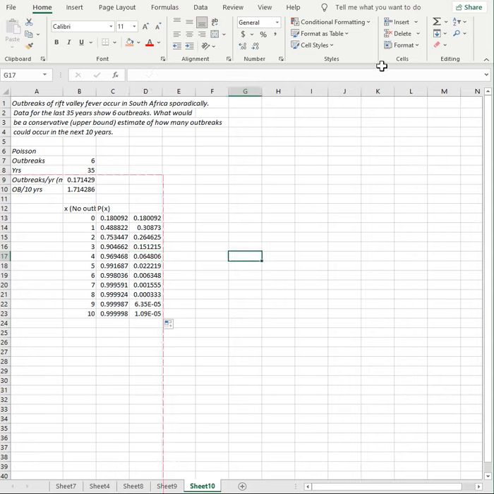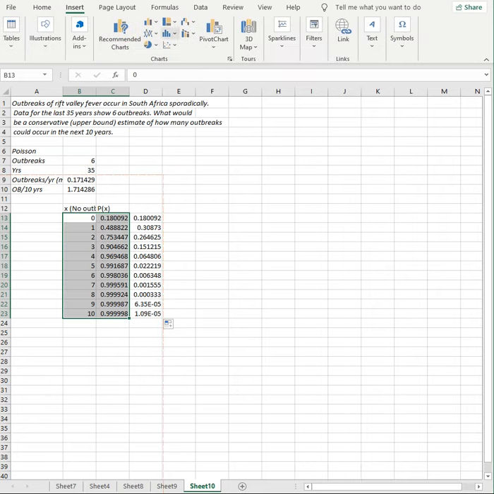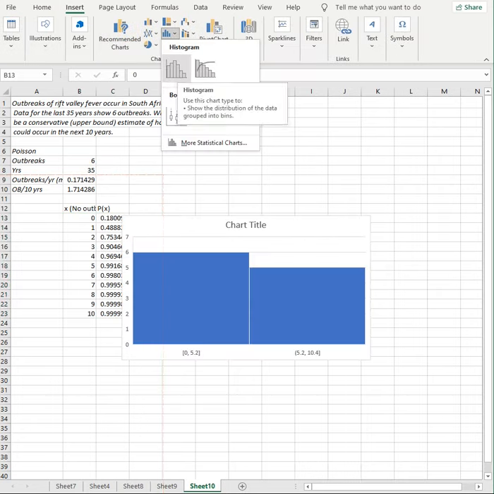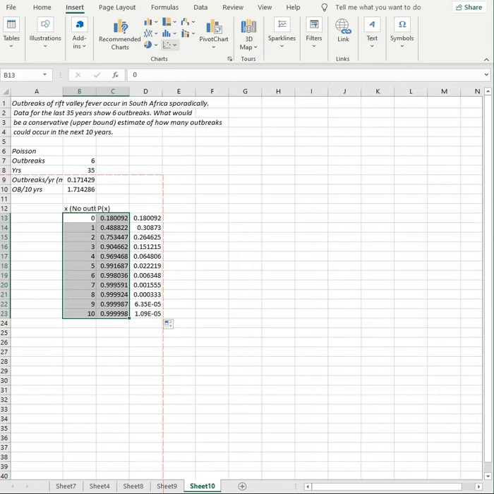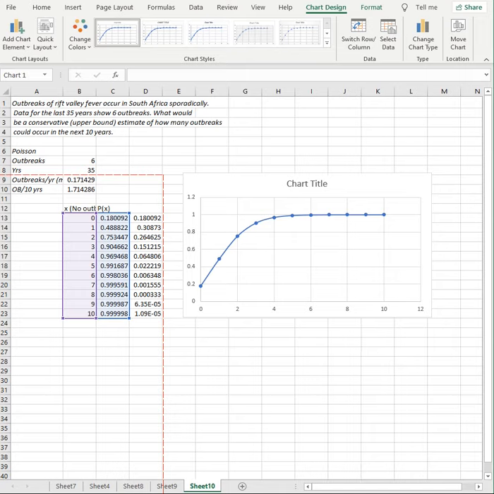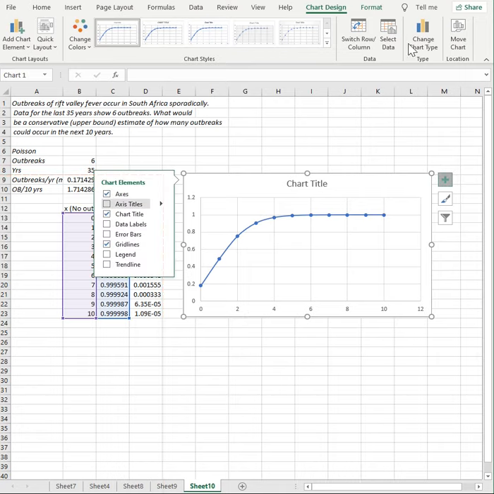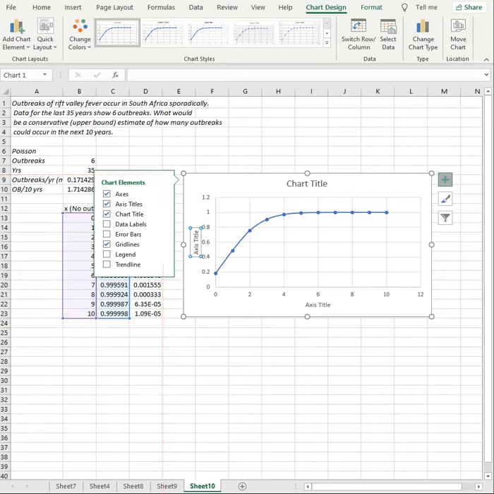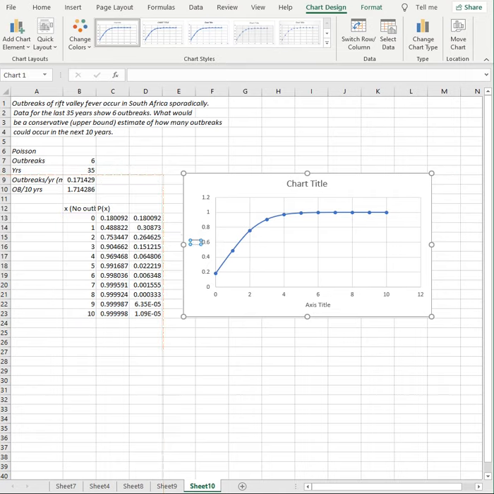But for now, let's chuck this in a chart. So insert. You can use histograms for that as well, except I don't like it because it can look a bit messy like that, and you've got to fiddle with the labels and things. I prefer scattergrams or scattergraphs. As you can see, these graphs do look a little bit different compared to the other graphs. As always, let's put our axes on. That just helps us understand it a bit more.